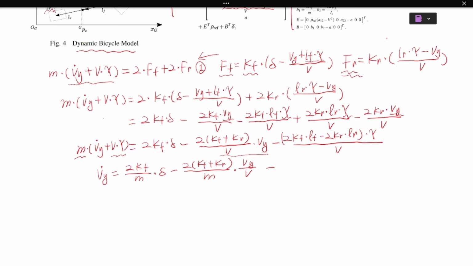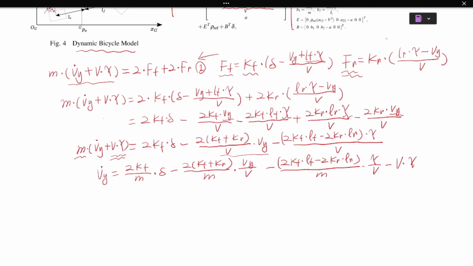Then 2kf times lf plus 2 times kr times lr over m times gamma over v. Don't forget, we have v times gamma minus v times gamma.